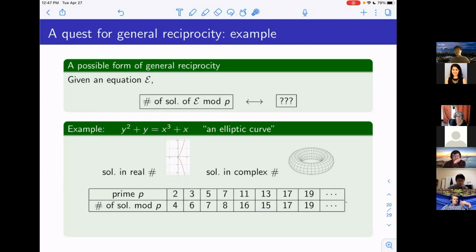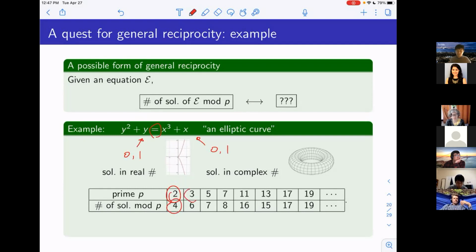What do I mean by counting the number of solutions? In that case, x has values 0 or 1, and y can take values 0 or 1. So there are 4 possibilities, and just plug in every possible combination and check whether this equality holds modulo 2. And in this case, all 4 cases are solutions modulo 2, so you just count that number.